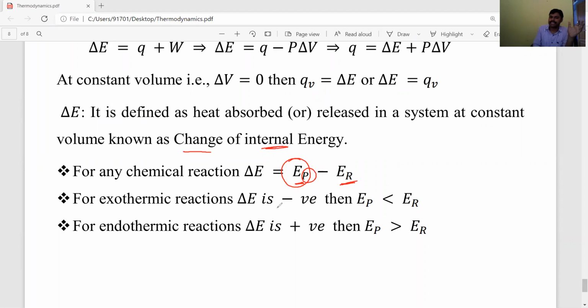For exothermic reactions, delta E is always negative because the energy of reactants is more than the energy of products. Exothermic reactions mean Q is negative, so delta E is also negative, because both have the same sign.